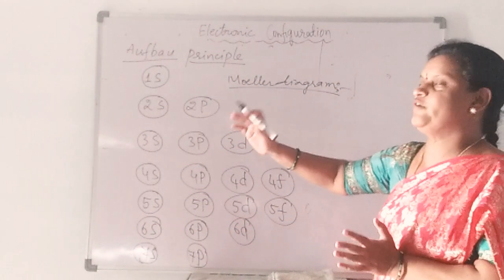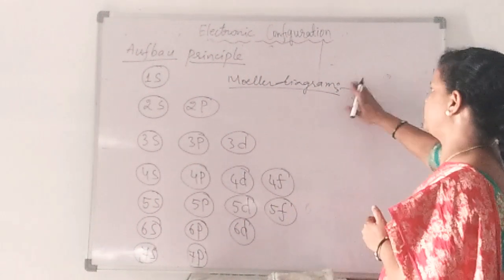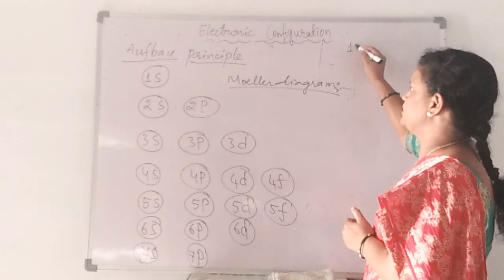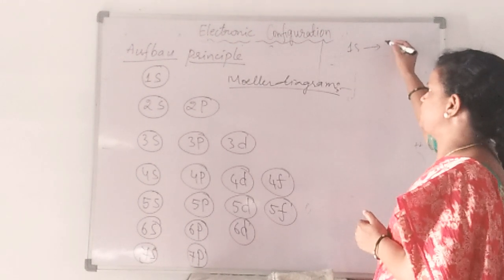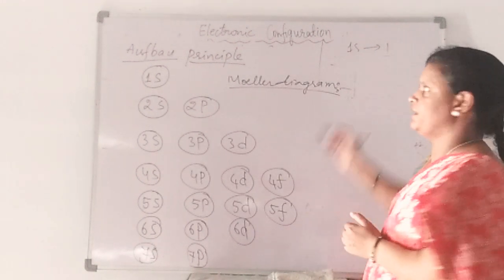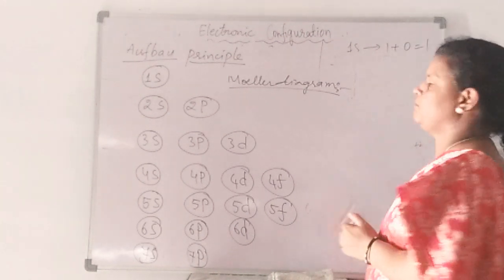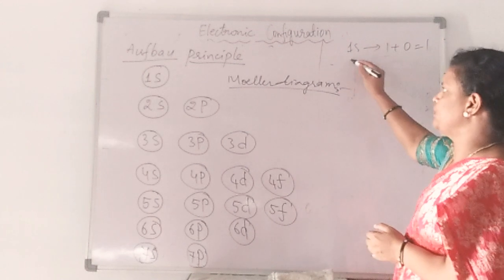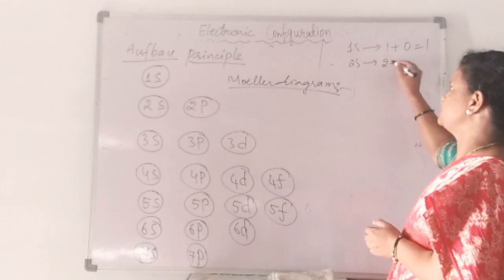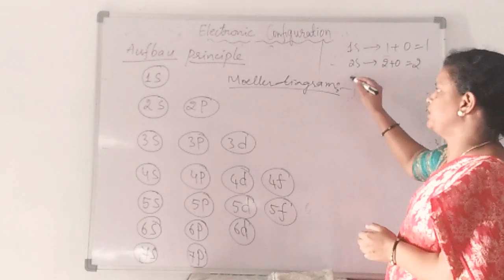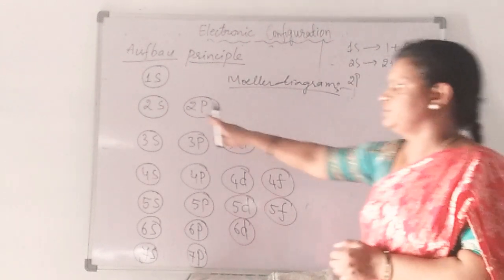We'll just add the n value and l value. What are the n value and l value? Here if you take 1s, the principal quantum number n is 1 and the subshell is s, meaning the l value is 0. So we'll get the total value as 1. If you take 2s, 2 plus 0, we'll get 2. We'll take 2p here.